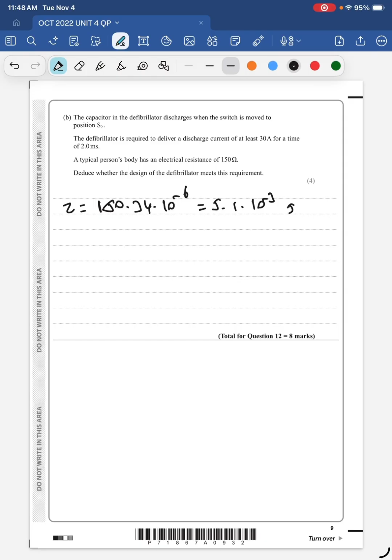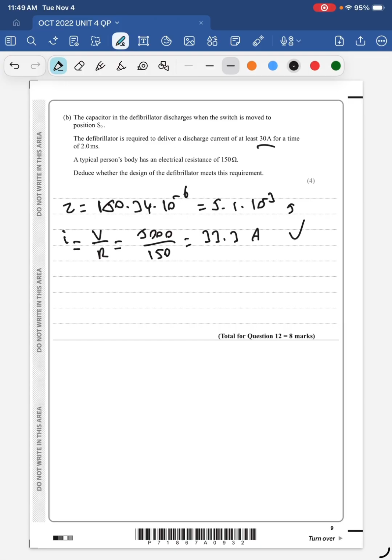The current is going to be voltage over R. So 5,000 over 150, so 33.3 amps. That sounds good because they ask for 30 amps. But do we have a problem? Let me think. It needs to be delivered for 2 milliseconds.